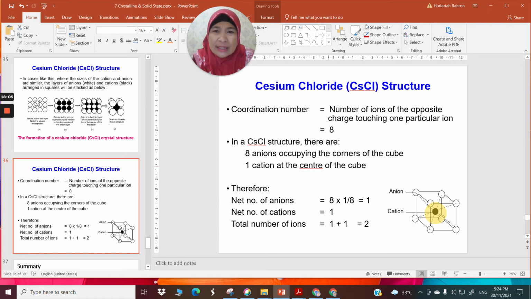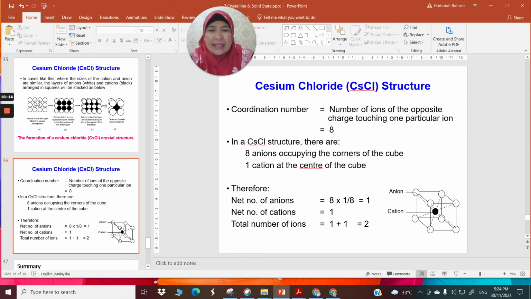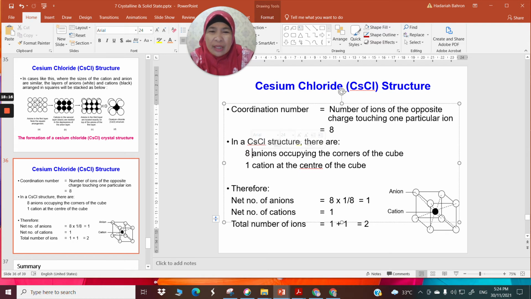You have 1 cation right there in the middle with 8 anions touching it, one from each corner of the cube. And similarly, when we talk about the anion, it will be touching 8 cations. When we talk about cations, it will be touching 8 anions, right? So that is the coordination number.